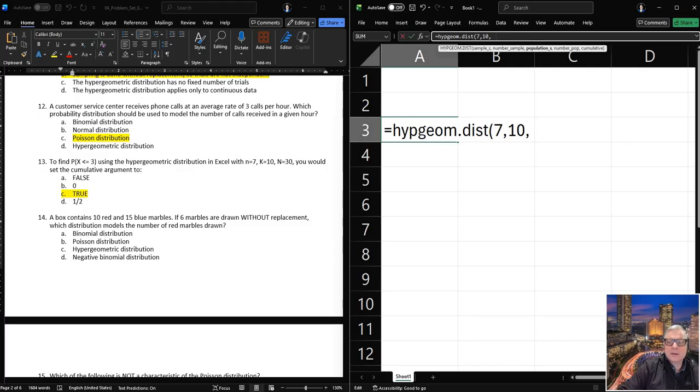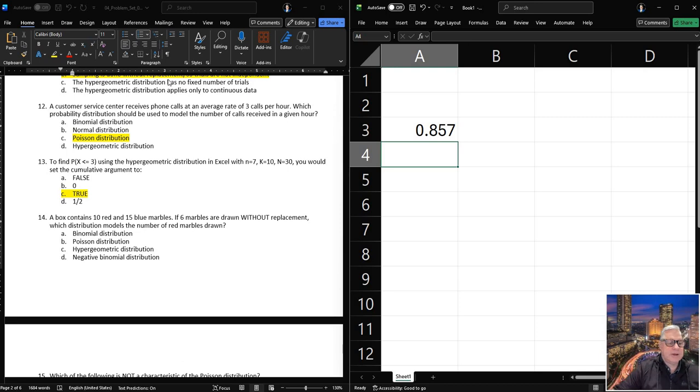And actually, now we want 3 or less. When the sample is 7 and there are a total of 10 successes in the bowl and a 30. And now we have to say cumulative, so the correct answer would be 85%.